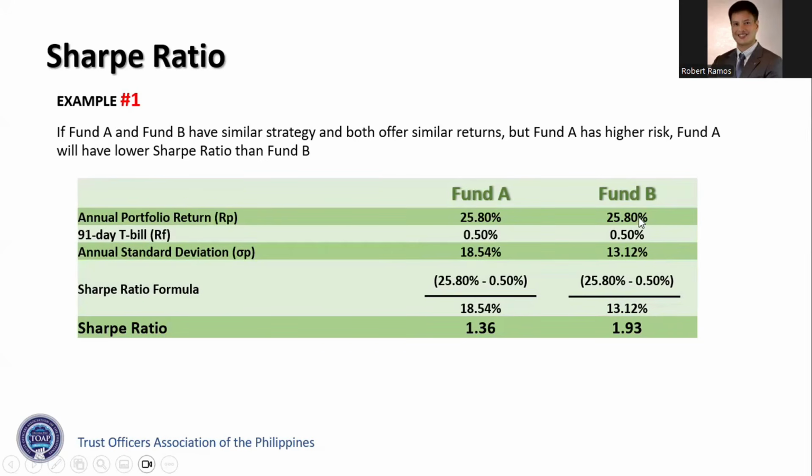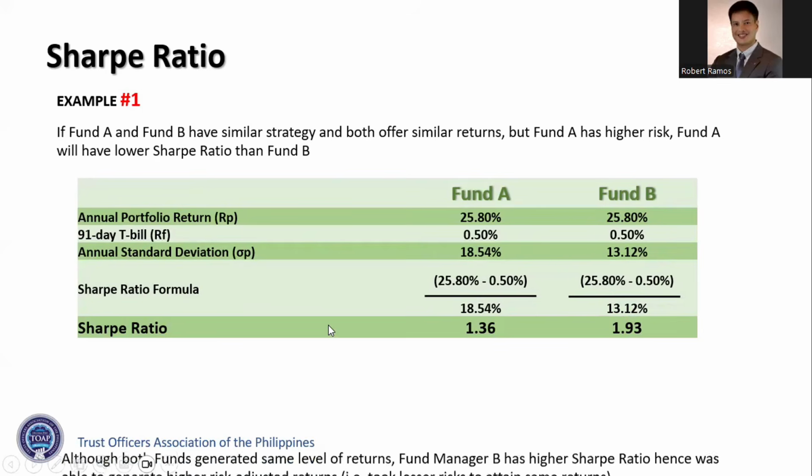As you can see, Fund B generates a Sharpe ratio of 1.93, which means that for every 1 unit of risk, Fund B generates, at least for this period, 1.93 additional units of return. So given this, you will always choose the higher number. So Fund B, having a higher Sharpe ratio, is probably the fund that you will invest in.